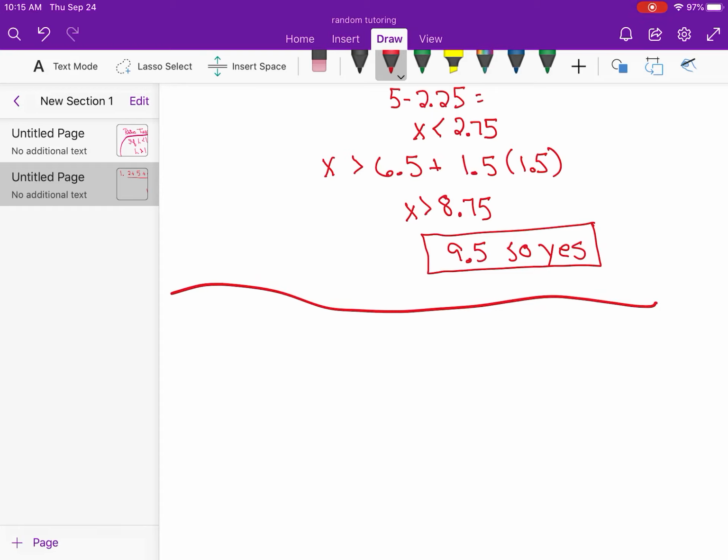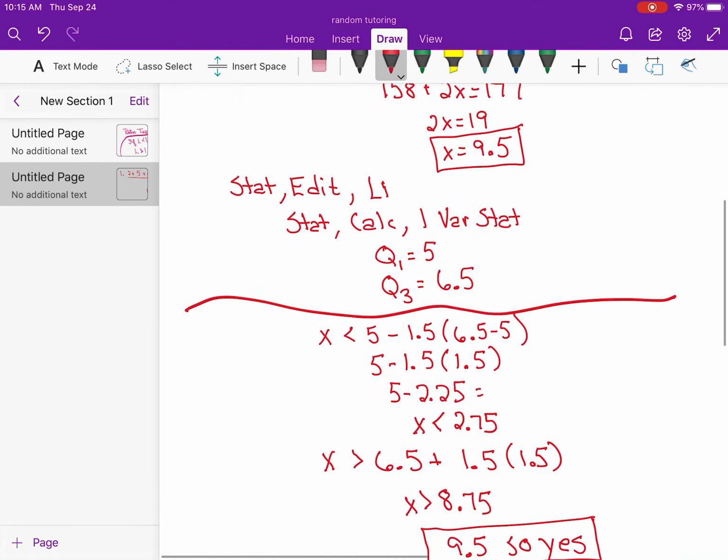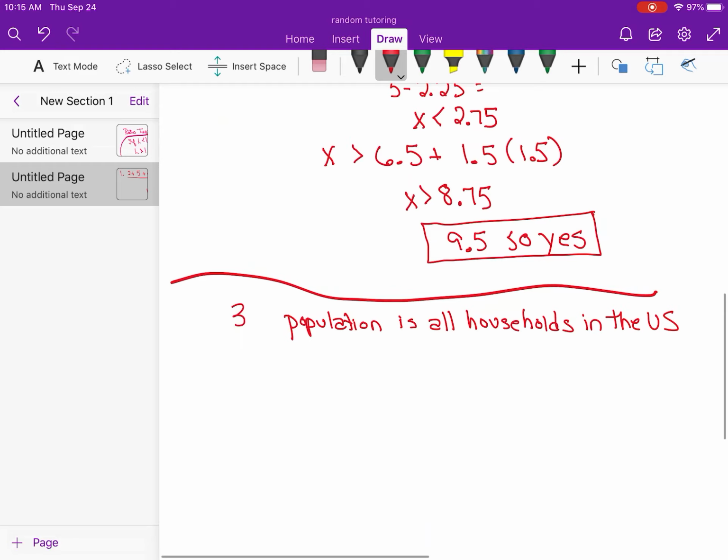So the population of Ms. Alcook's investigation, it says in the very first sentence, she wants to find out the proportion of households in the United States. So the population is all households in the U.S.